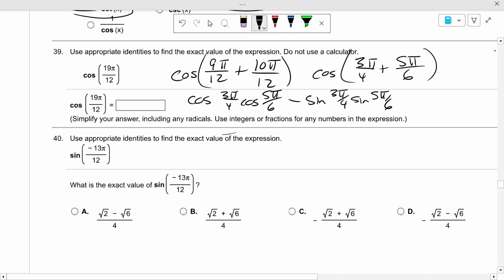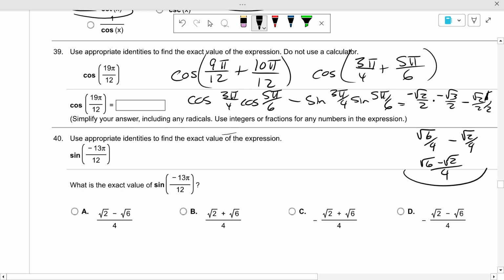That is negative square root of 2 over 2 times negative square root of 3 over 2, minus square root of 2 over 2 times 1/2. So it's positive square root of 6 over 4 minus the square root of 2 over 4. So it's the square root of 6 minus the square root of 2 all over 4.